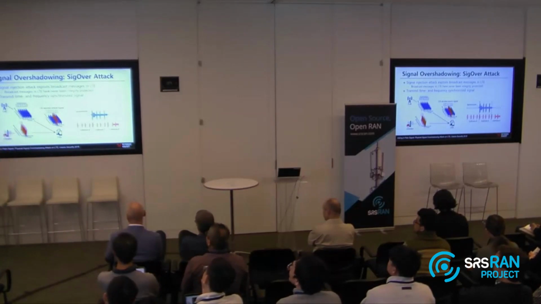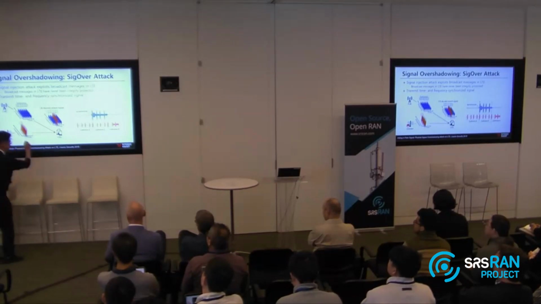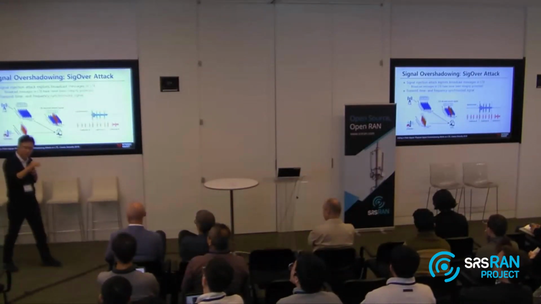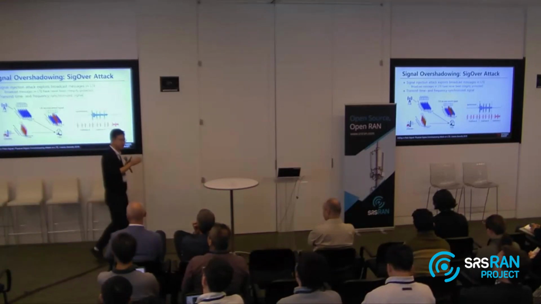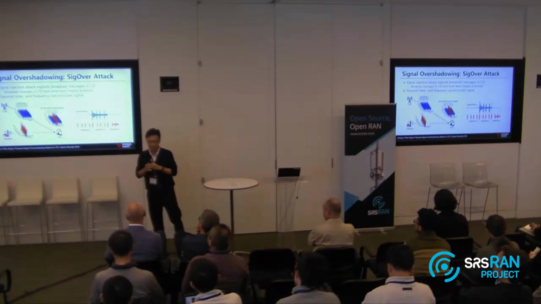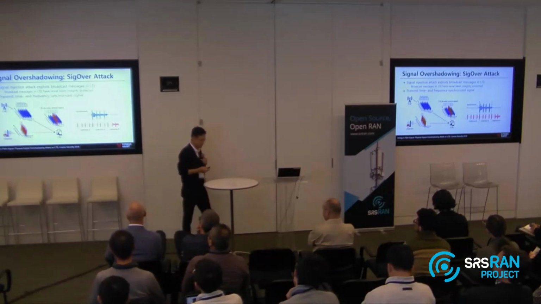Can we replace the particular subframe so that it looks as if the message is sent by the cell tower? Because the message is not authenticated, we may be able to inject it in the physical layer so that the victim does not notice that the attacker has sent the message.